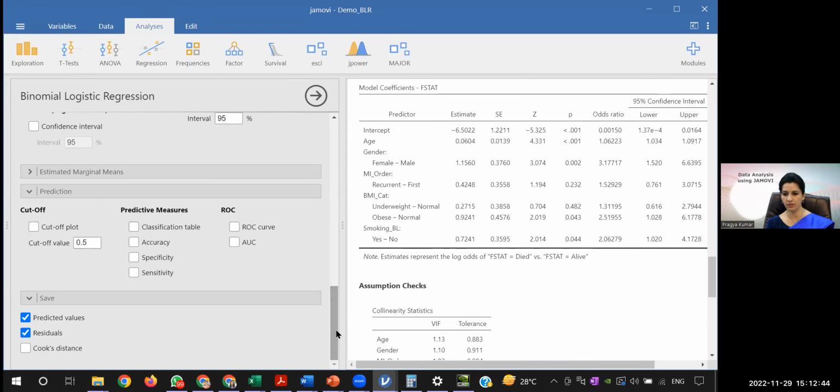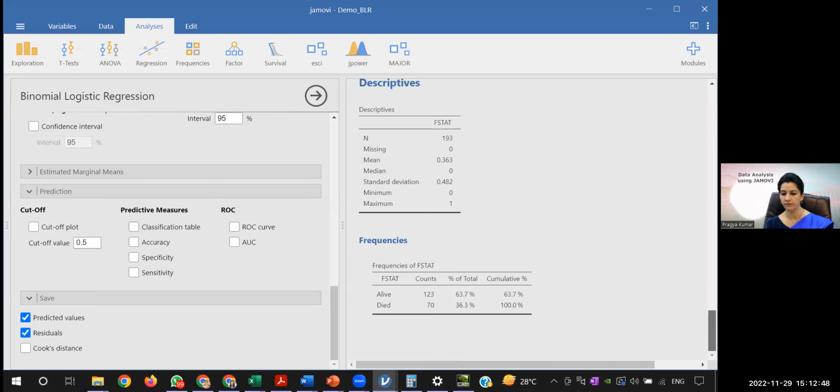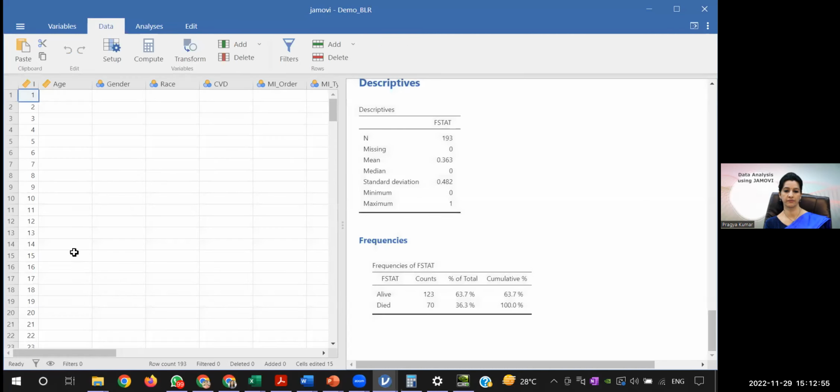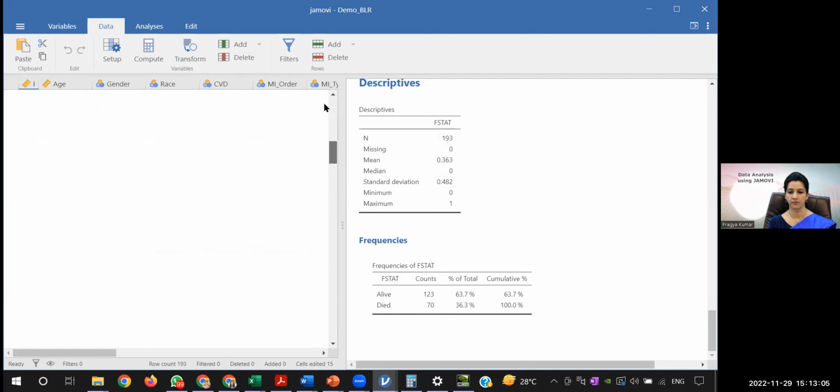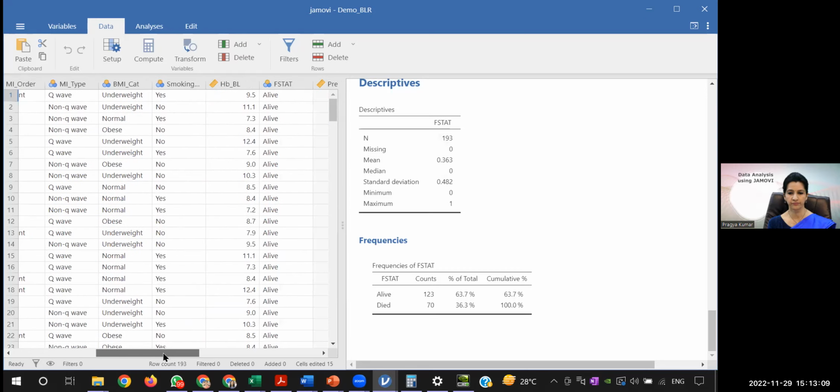In SPSS, it used to have that. Okay, so this is in the data. Yes, now it was taking some time actually. Just a sec, it is taking.